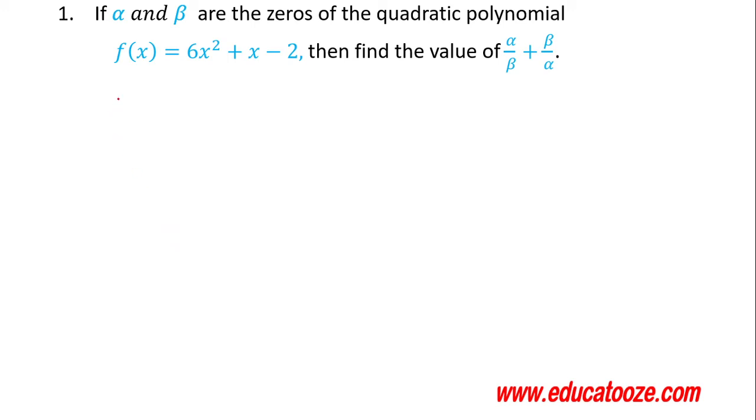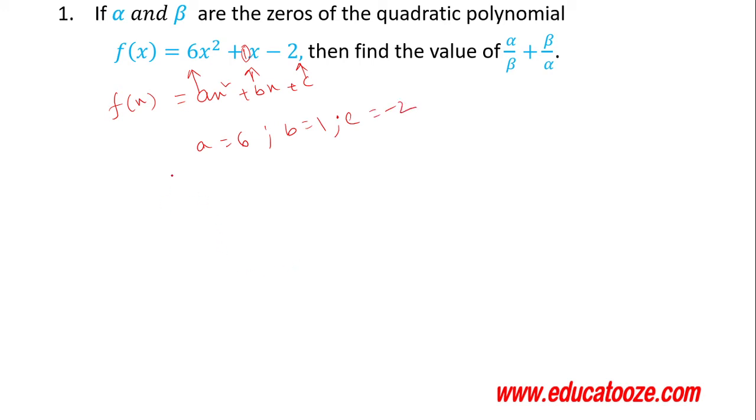Now consider this polynomial and compare it with the standard form ax squared plus bx plus c. What is the value of a? A is 6. What is the value of b? The coefficient of x is 1, so value of b is 1. What is c? C is minus 2.